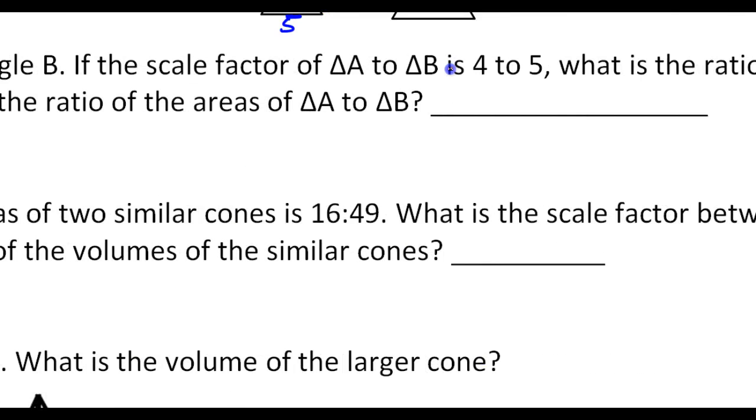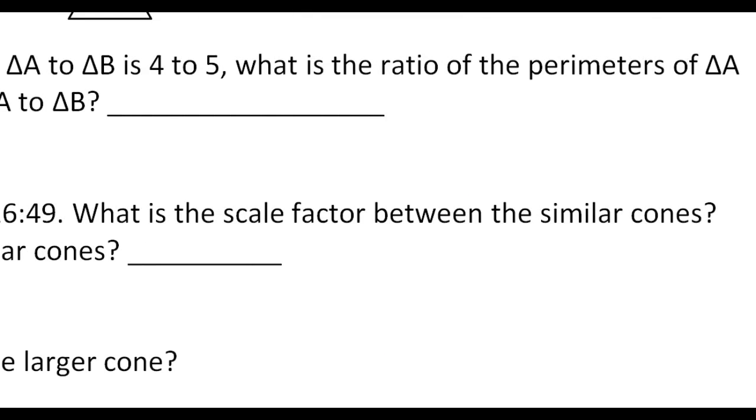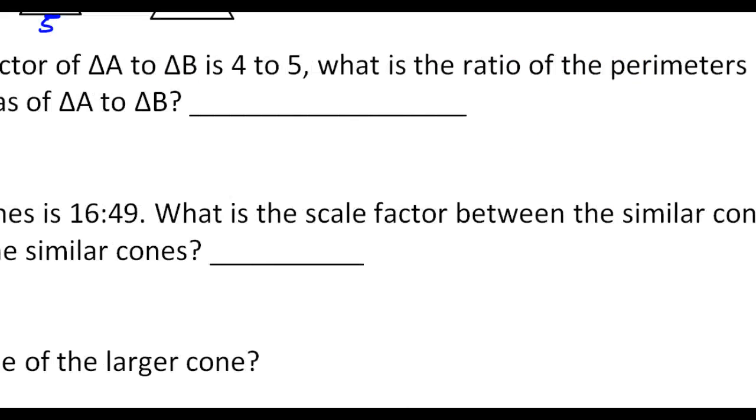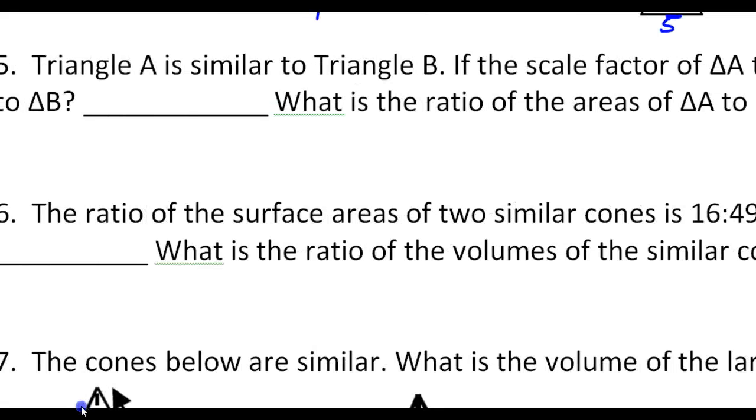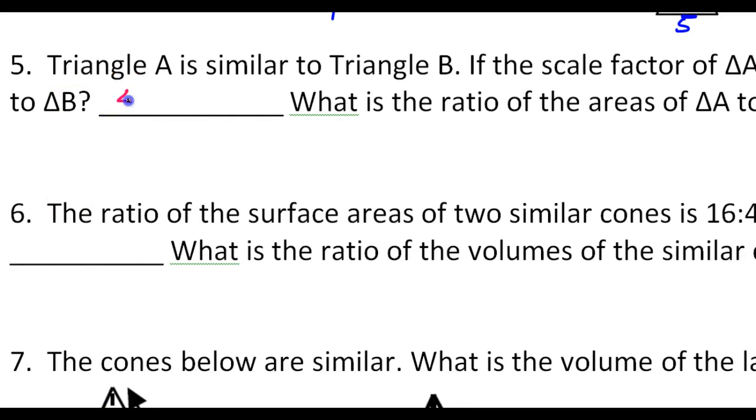Well, the scale factor ratio is the same thing as perimeter, because scale factor represents length and perimeter is a length. So if the scale factor is 4 to 5, then the perimeters will have a ratio 4 to 5.